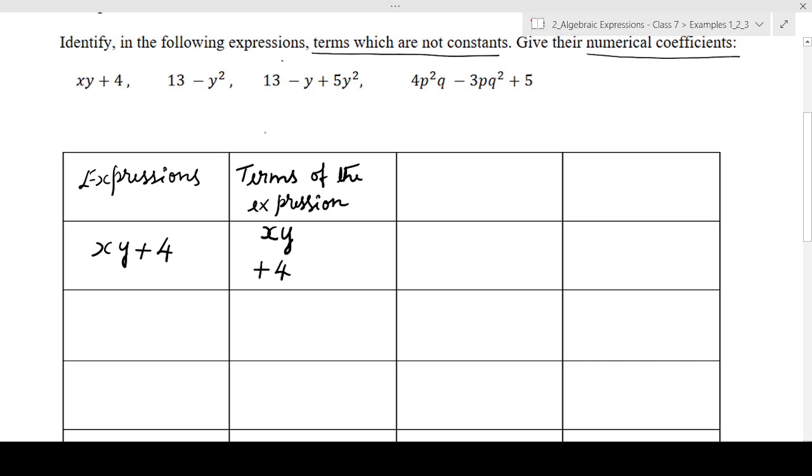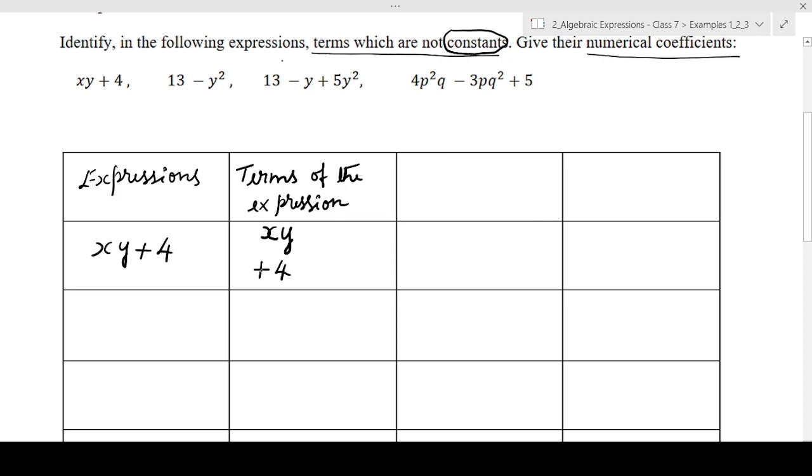Now, what they've asked us is terms which are not constants. Now, what is a constant? A constant is nothing but a term whose value is fixed. Okay, constants are nothing but the terms which have a fixed value. Now, xy does not have a fixed value. You have to give a value to x and y, or you have to find out as the case may be.